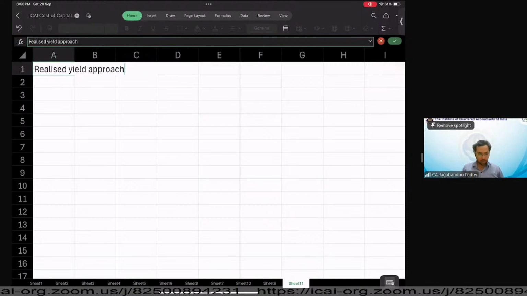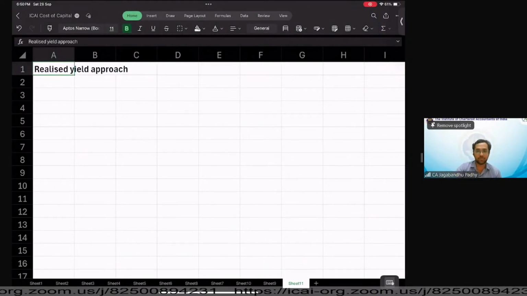Realized yield approach is basically calculating the rate of return that you, as an equity shareholder, are earning by investing in a particular share.